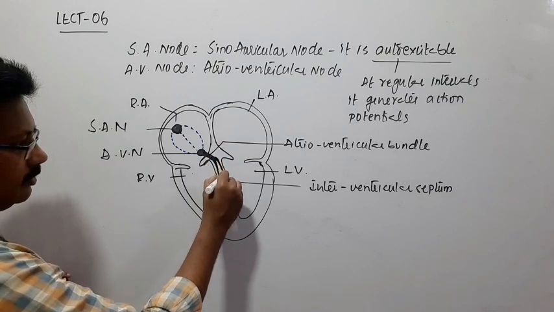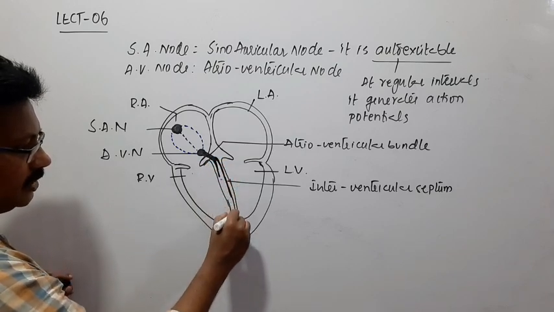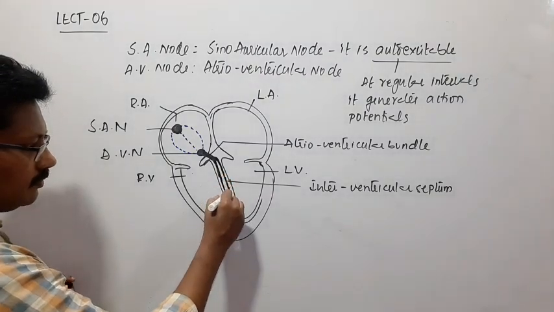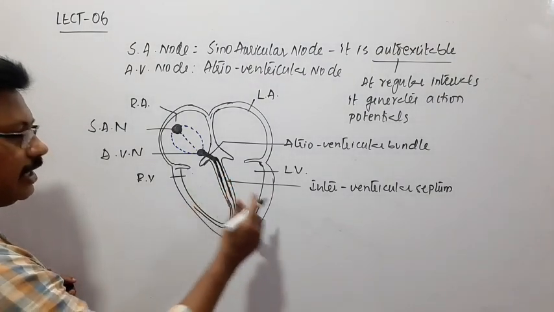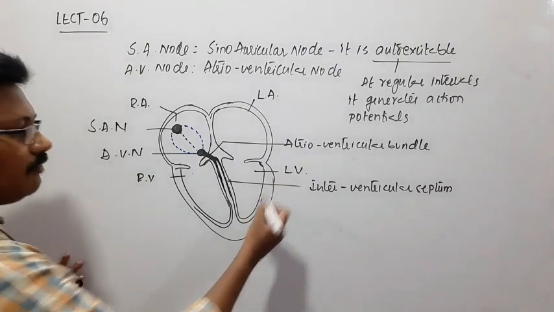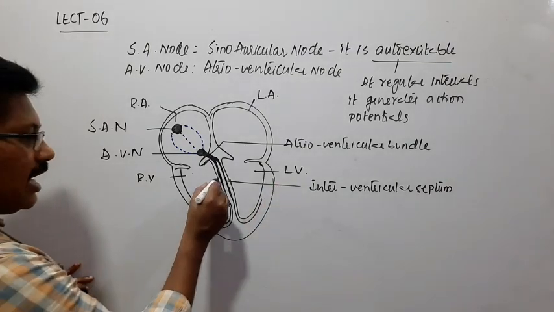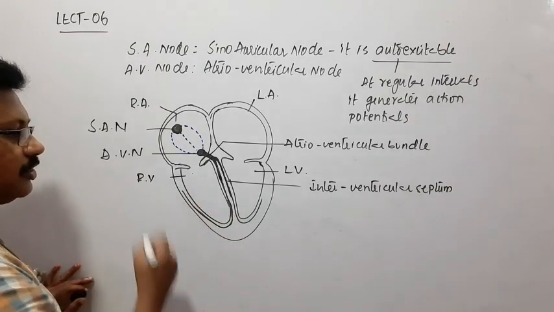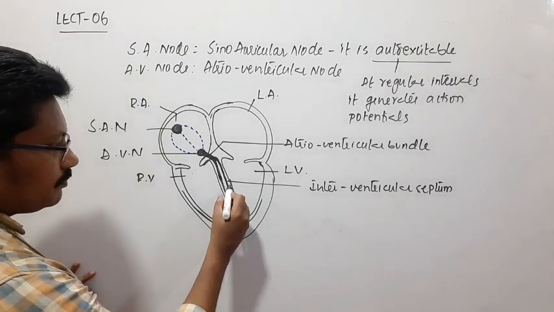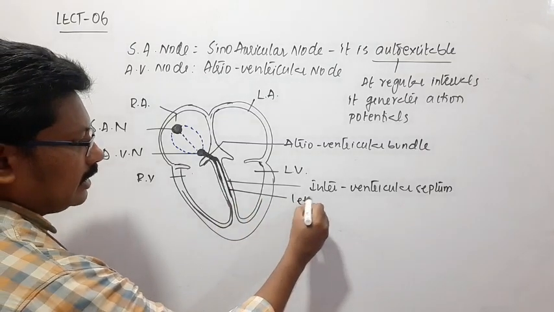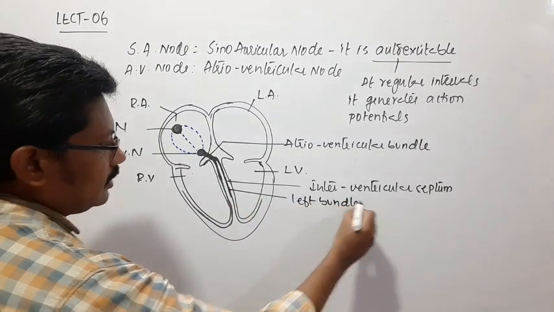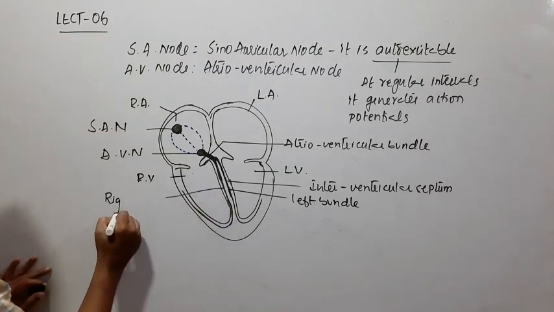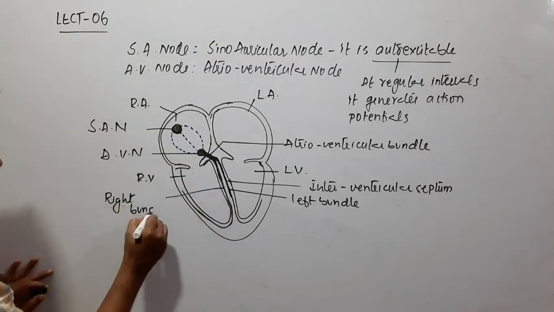One of the branches enters into the wall of the left ventricle, and another branch enters into the wall of the right ventricle. This we call the left bundle, and this one is called the right bundle.